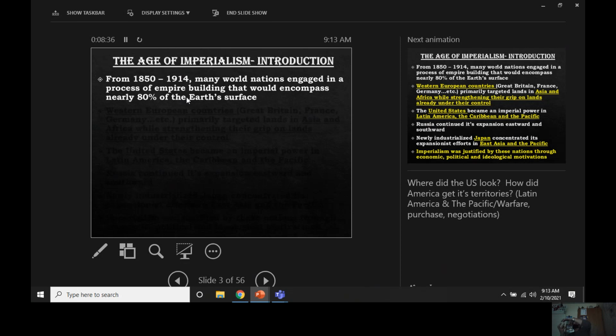But there are a very small number of countries, mostly the industrial powers, that end up controlling almost the entirety of our planet. Like I said, 80% of the Earth's surface was touched by imperialism during this age in some way, shape, or form, either directly or indirectly. That is staggering. It is very staggering to think that these few can rule over so many.